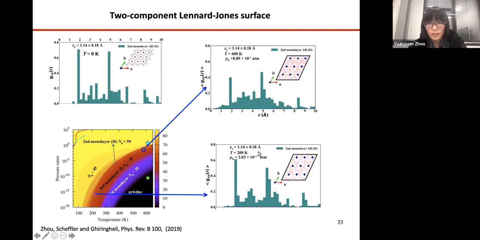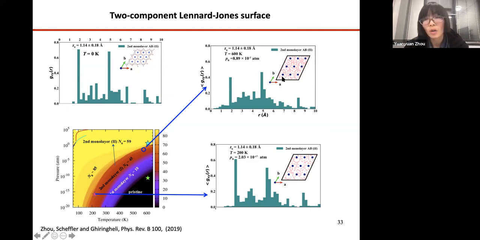And at 200 Kelvin, the reed-like structure is still noticeable, even though a few B particles diffuse around the surface particles. And we can also see from the average distribution function that it shares some of the major peaks with that of the lowest energy isomers. When the temperature increases to 600 Kelvin, we see that the ring structure is not noticeable at all.